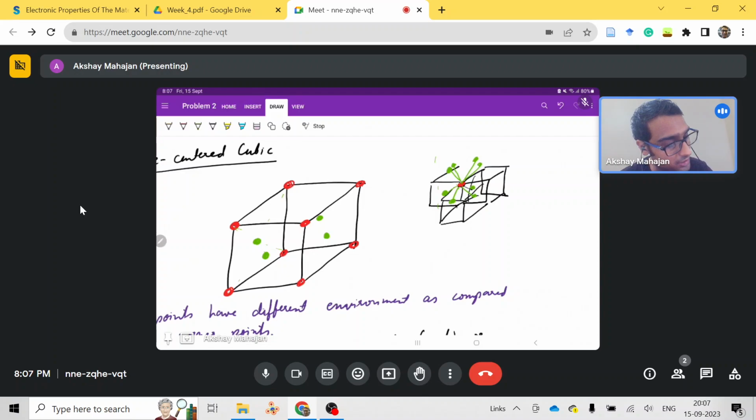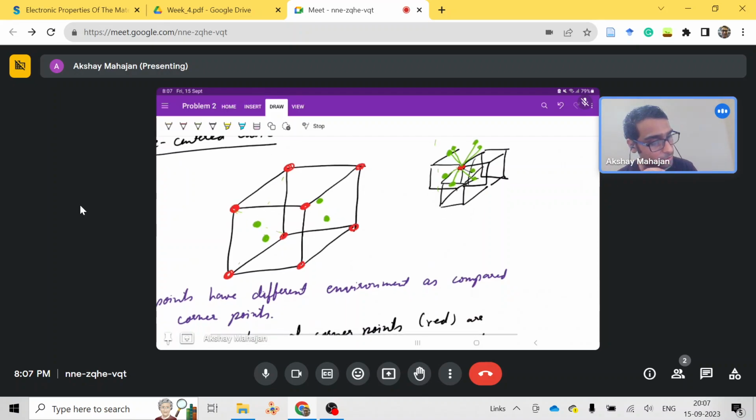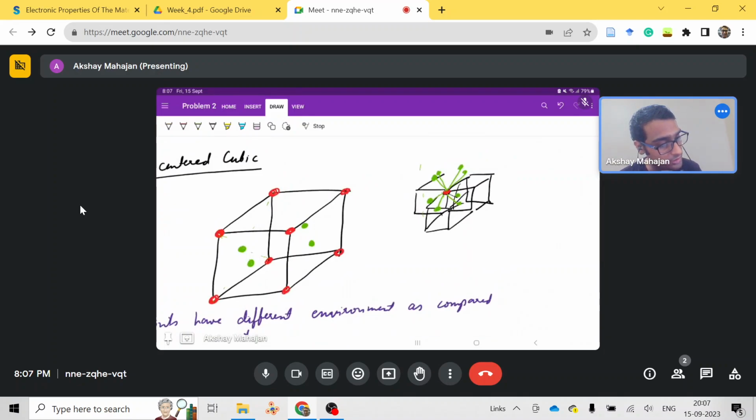So this is a very rough diagram. You can try to imagine it; hopefully you will be able to. Similarly, if we just go with these 4 points, then on top of each of these green points there will be some other green point on this plane, and on this other plane.